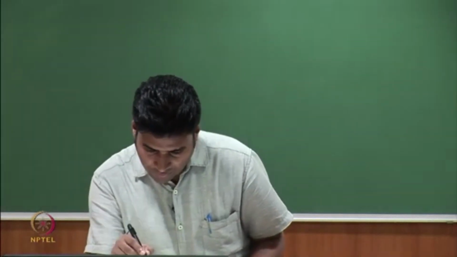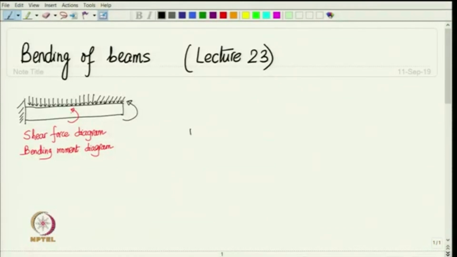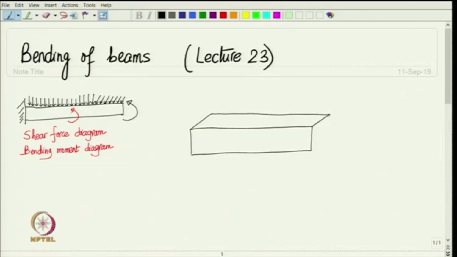So, think of a beam which is rectangular, all right, and it is subjected to terminal couple. Okay.